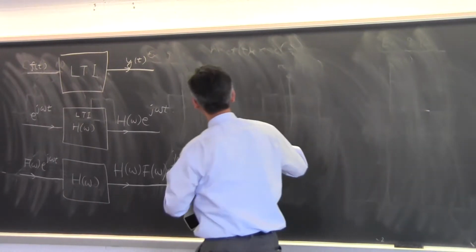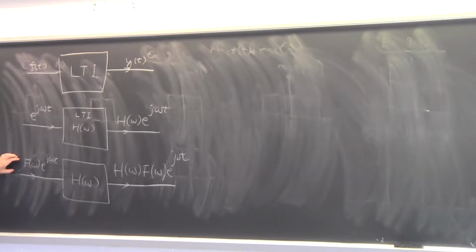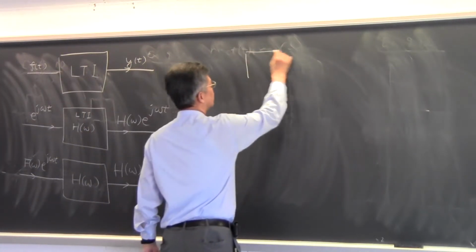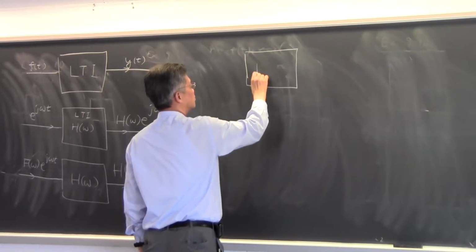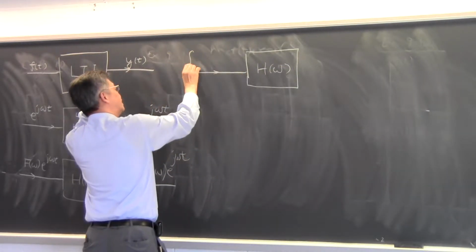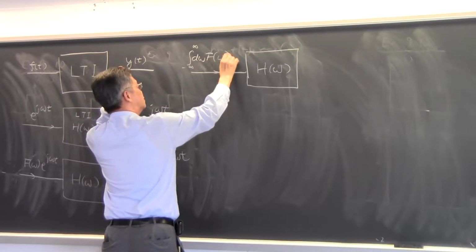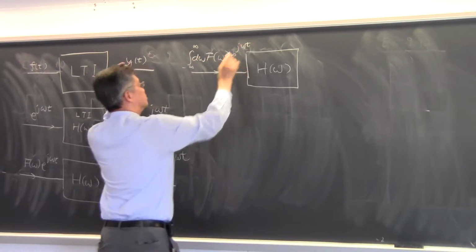So what happens if I now take a linear superposition, a sum of this signal, and put it through this system. At H of omega, I do an integral summation of this input signal.